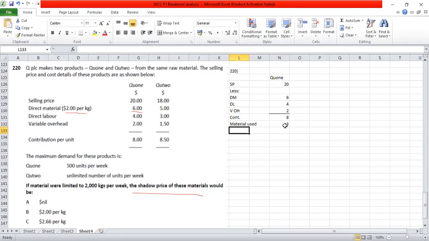That's 3. So when 3 kgs of material was used, we see that the contribution per unit comes up to be 8. We are trying to find out the shadow price, in this particular situation.